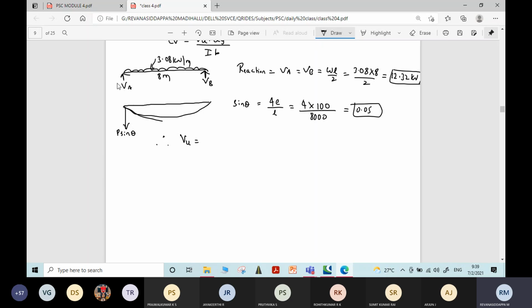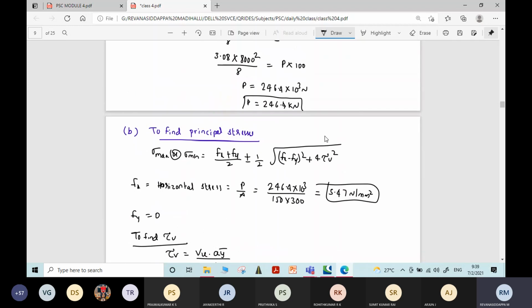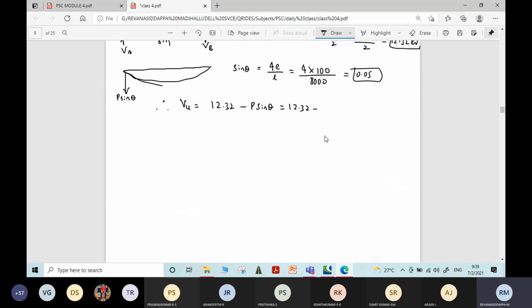Now you can find shear force at support section. Therefore, V is equal to VA, that is 12.32, minus P sin theta, which is 12.32 minus P, 246.4, into sin theta value 0.05.